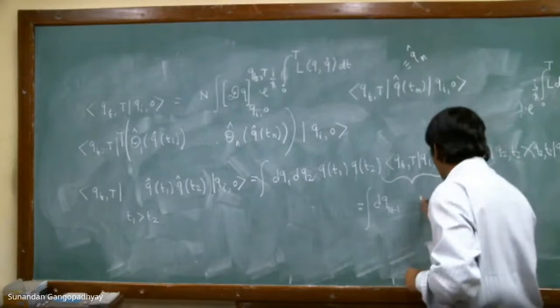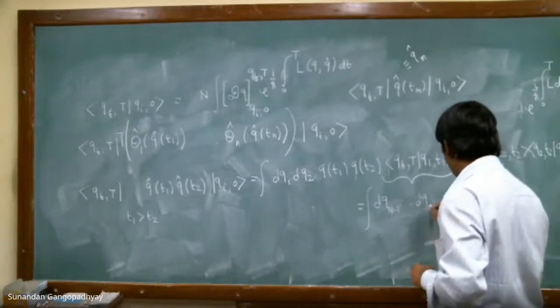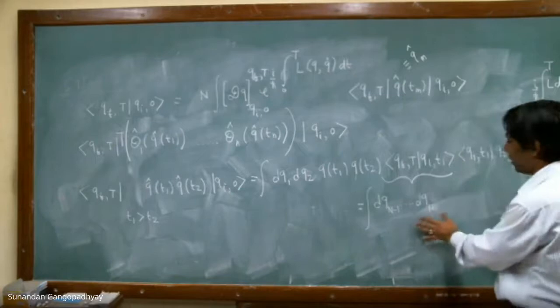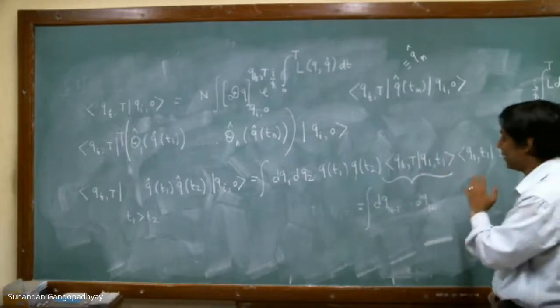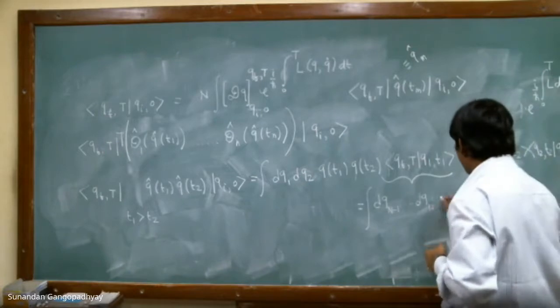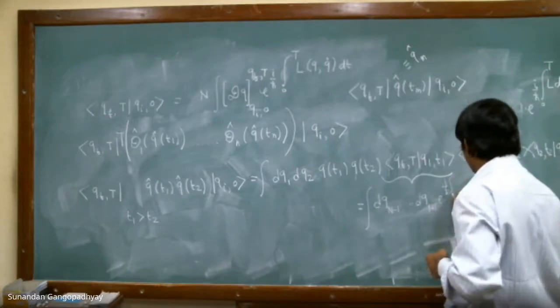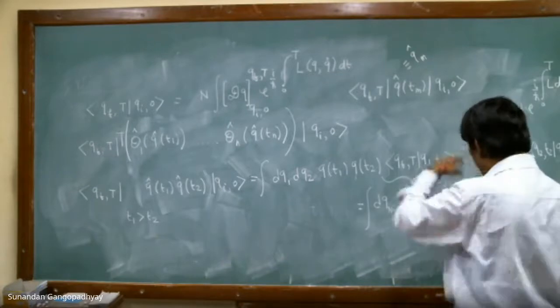So let me call that dq, say this is 1, so let me call this 1 plus 1, not 2. Just interpret this as the later time from q1 to q1, right? So you have this, and then you have this integral from T1 to capital T.